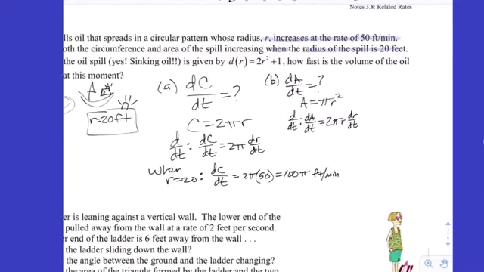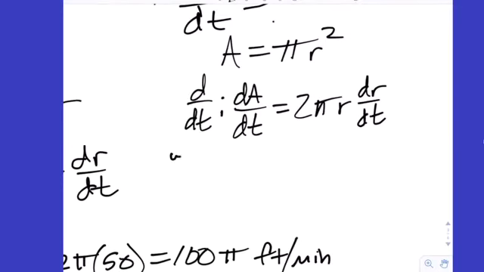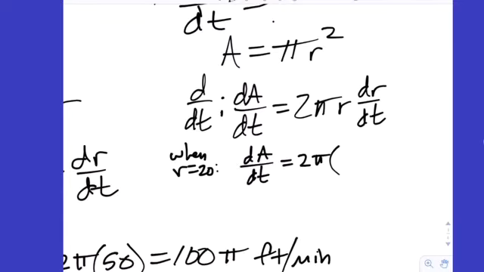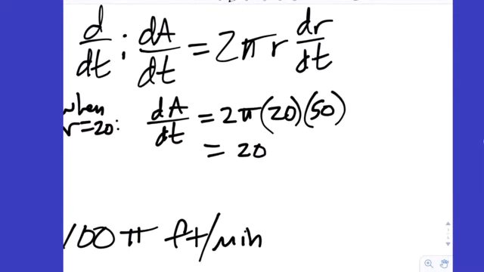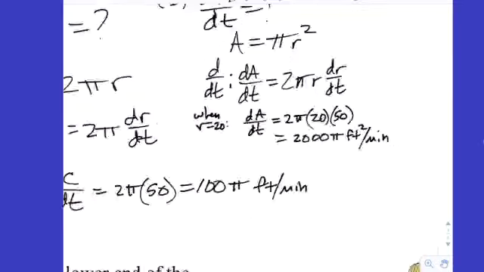And now our snapshot moment when r is 20. You get dA/dt, which is what we want, equals 2 times pi times 20 times dr/dt, which is still 50. So notice this one is a function of both r and dr/dt, and you end up with 2,000 pi square feet per minute.